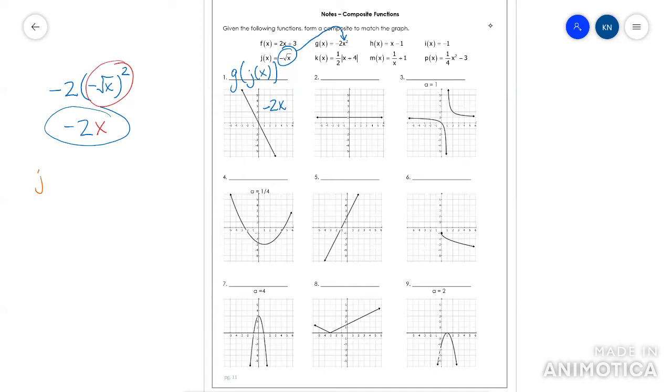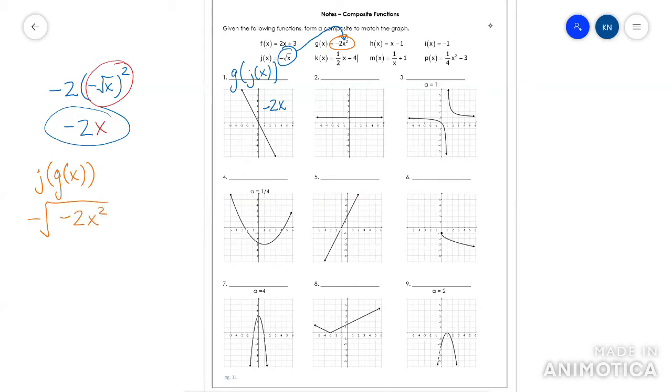Now, it matters the order that you put these in, because this is what not to do. If you were to put j of g of x, then you're plugging g of x, which is -2x squared, into the letter x of j of x. So it would look like -√, and then instead of writing the letter x, I would write g of x's function, which is -2x squared.